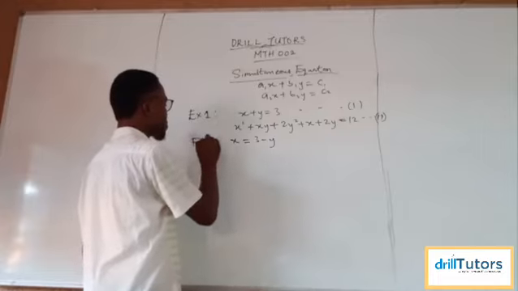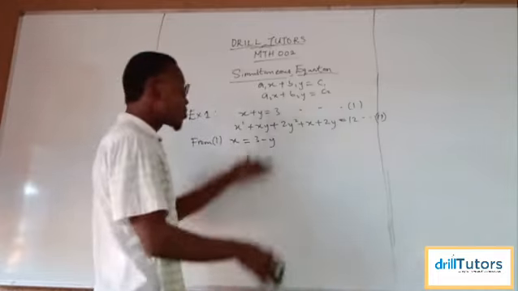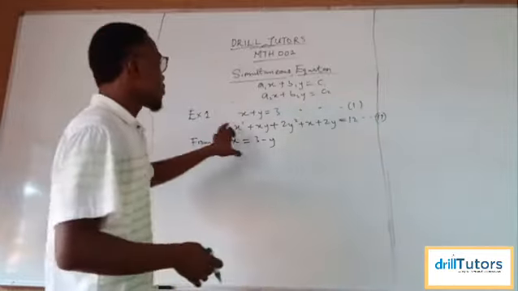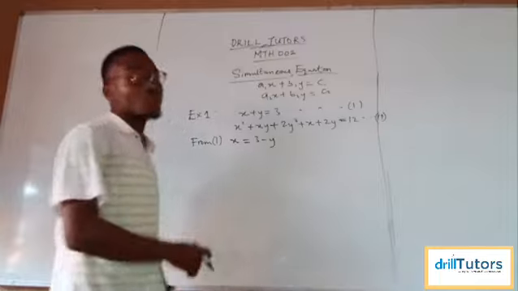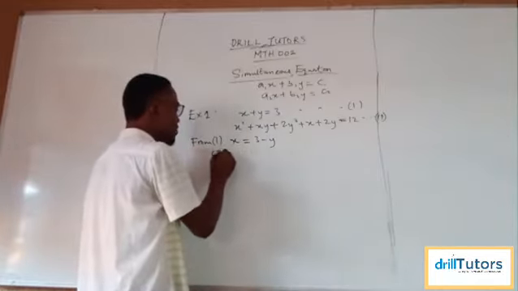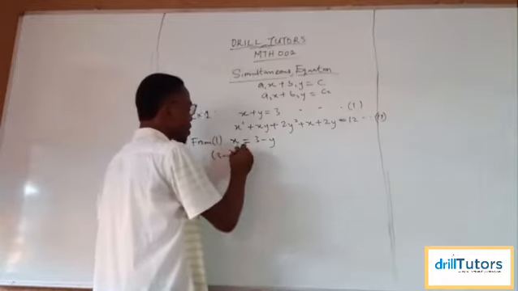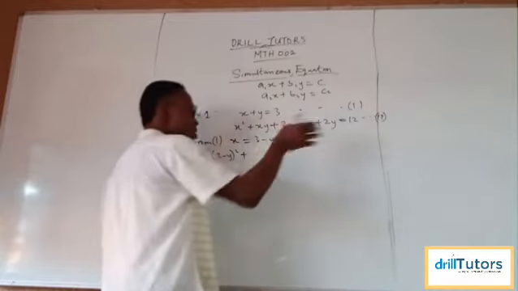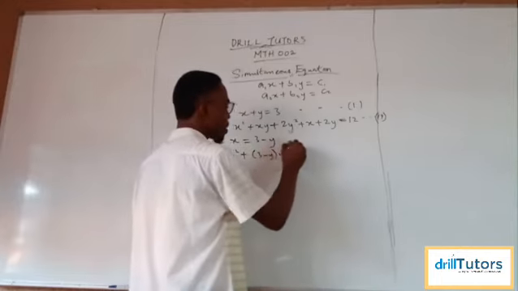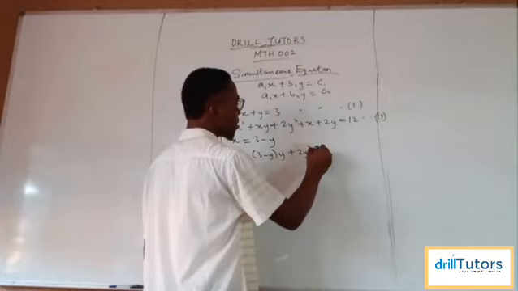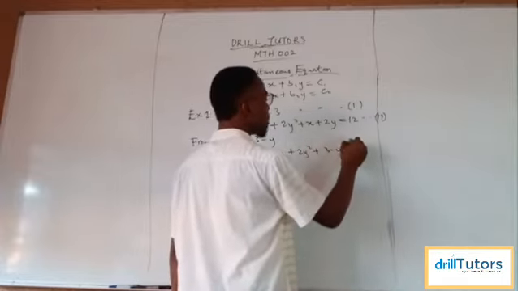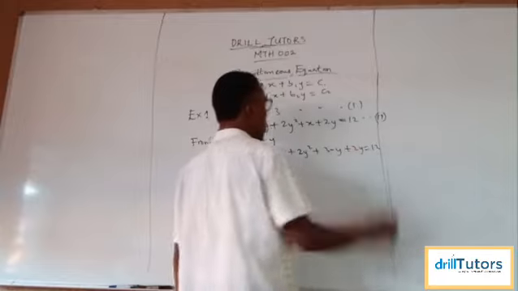So I'm going to substitute the value of x into equation 2, and that becomes (3 minus y) all squared plus, anywhere you see x, you use 3 minus y, so (3 minus y) multiplying y plus 2y squared plus (3 minus y) plus 2y equal to 12.